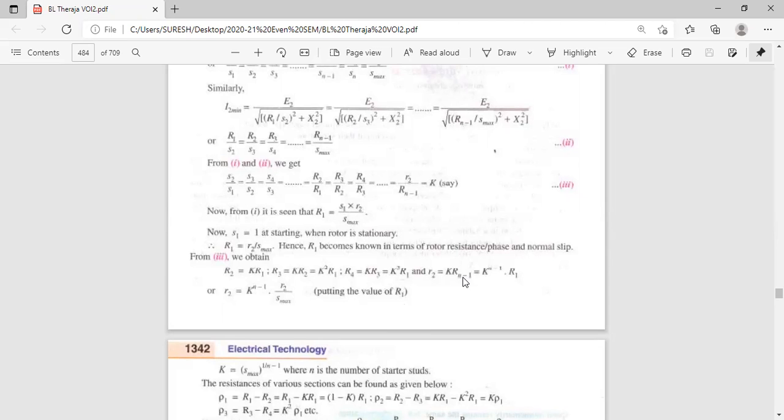I want to convert Rn minus 1 into R1, because we have converted R3 into R1. If you take R1 here, the value is K power n minus 1. In the last step, R2 is equal to K power n minus 1 into R1. If you are having doubt in this, you can ask me.